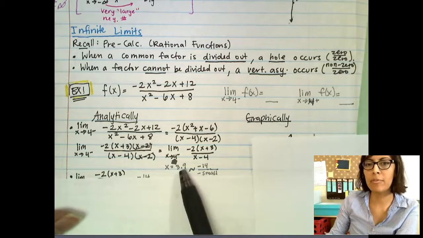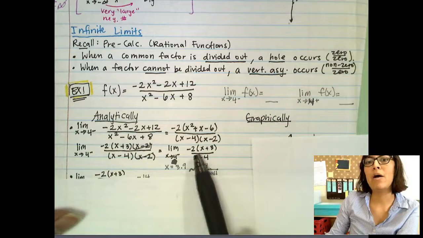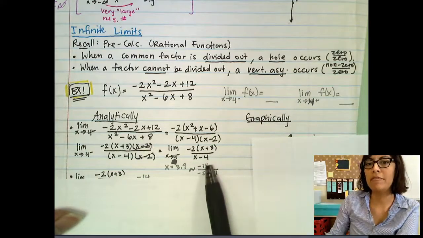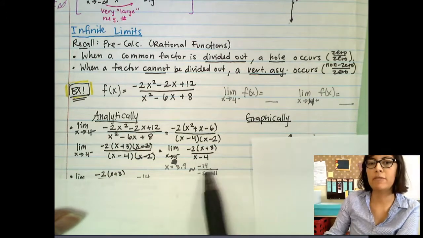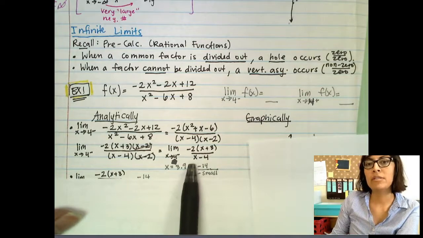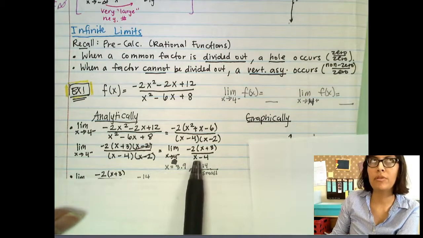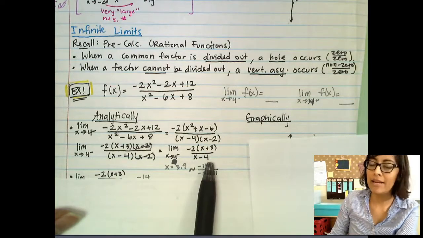If we plug 3.9 into our equation, rounded, we would get about negative 14 in the numerator: 4 plus 3 is 7, and 7 times negative 2 is negative 14. The denominator is going to be a small negative number, since 3.9 minus 4 is negative 0.1.